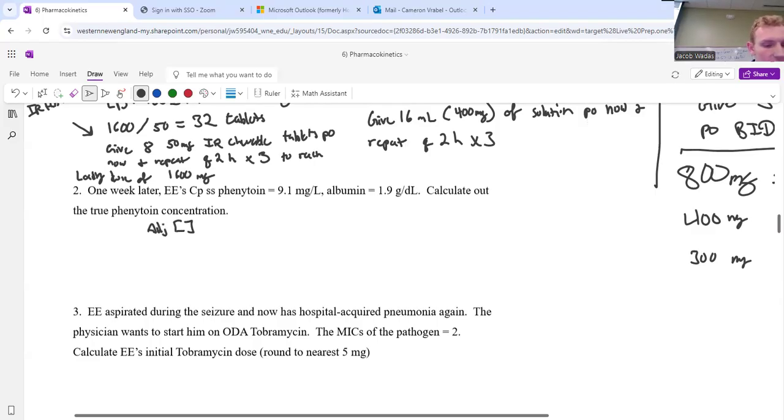Adjusted concentration equals actual phenytoin, which is 9.1, divided by 0.2 times albumin, which is 1.9, plus 0.1. Then all you have to do is plug and chug.